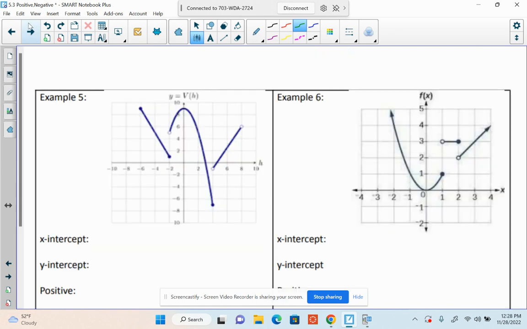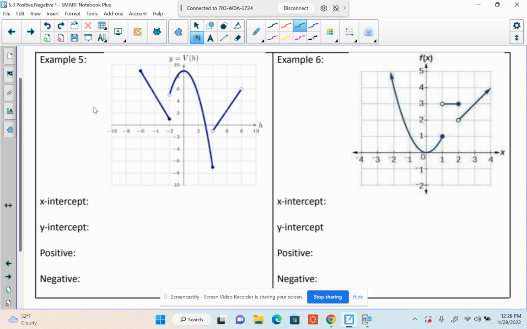We're going to do example 5 and example 6. They look really complicated, but they're not so bad, really. So here we go. Example 5. We have a graph, and we're supposed to find x-intercepts. It's a little fuzzy, but let's see. X-intercepts. There's only one, right here. Look at my scale. That's 2, 4, 6, 8.